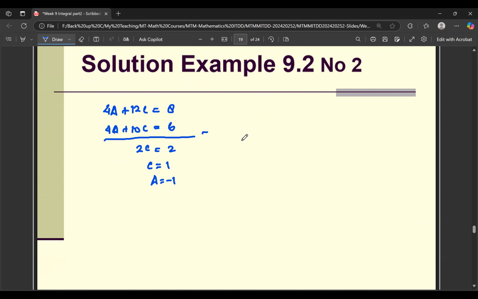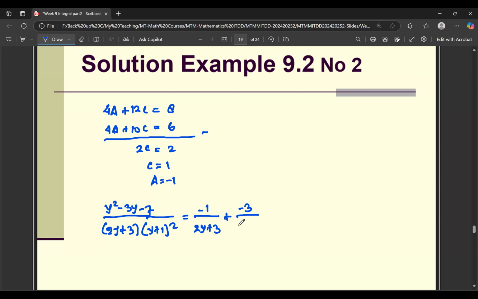So our equation, y squared minus 3y minus 7 divided by 2y plus 3 multiplied by y plus 1 squared, we will have a, minus 1 over 2y plus 3, plus b, minus 3, over y plus 1 squared, and c will be 1 over y plus 1.